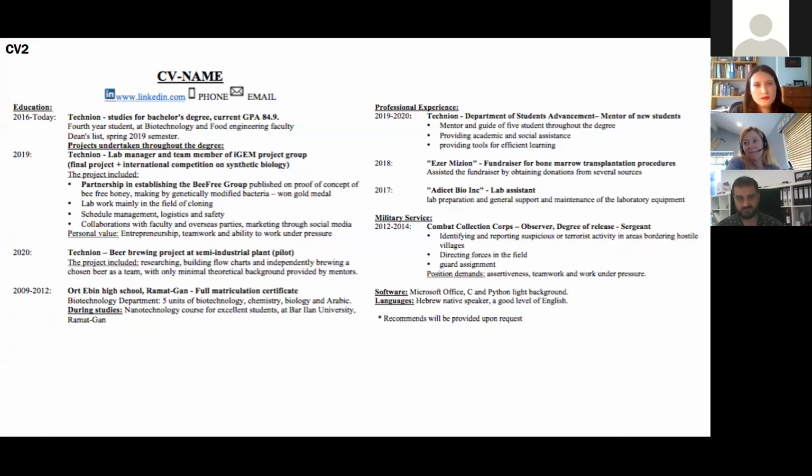I would try to keep it as coherent as possible. Sizes of fonts should be exactly the same, and if you put periods at the end of sentences, for example, 2016 till today, Technion, you have 84.9, a period there. The Ord Eben, there's no period at the end. I think these are things that, from colleagues of mine, I know can really be a decision point for them.